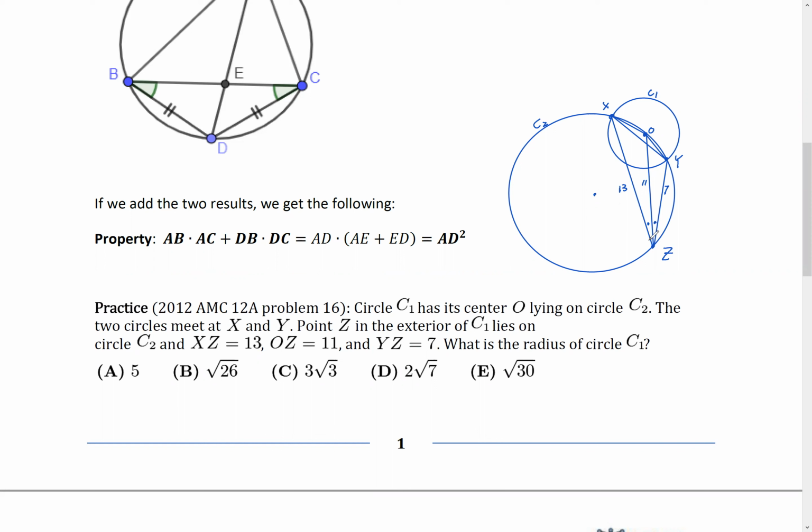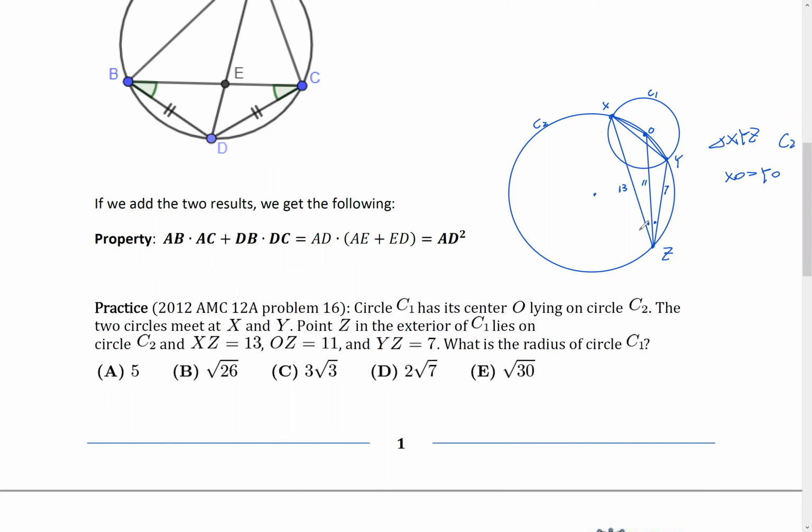But why? If you think about it, triangle XYZ, its circumcircle is C2, right? And on C2, XO equals YO. These two chords are the same, so these two face the same angle.